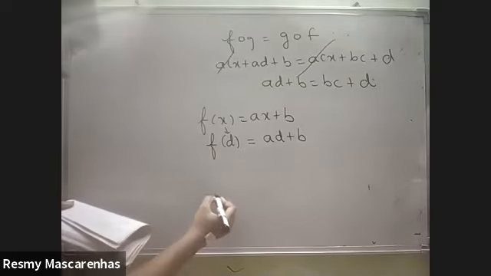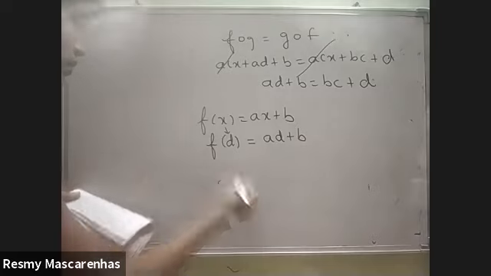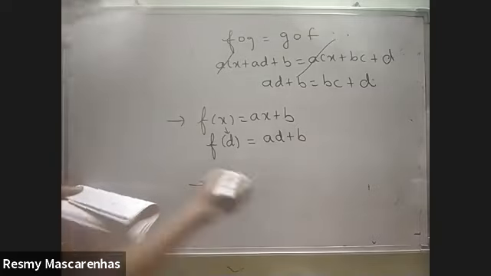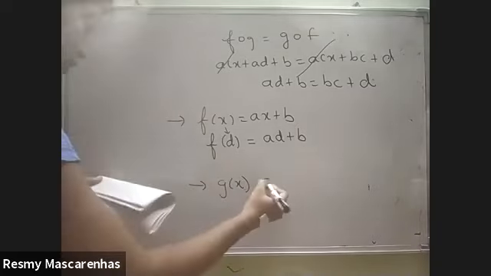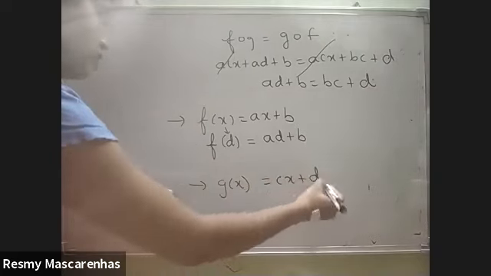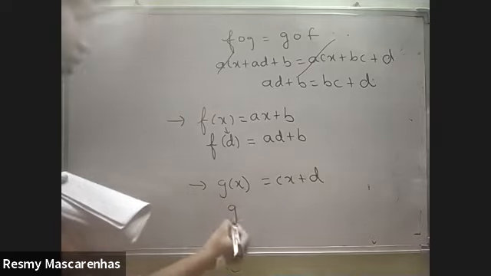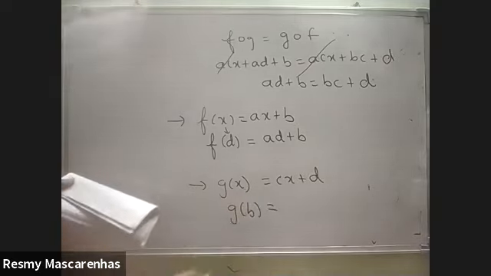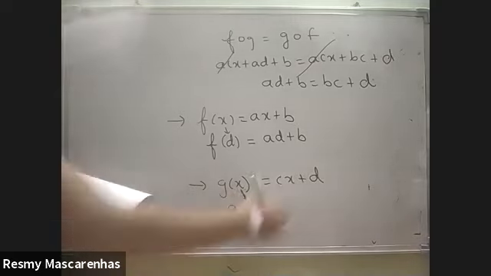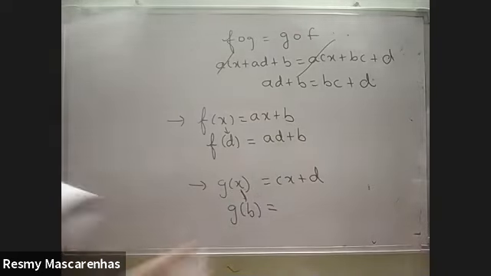Same way, what is g of x given to you? G of x is cx plus d. What they have asked to find? G of b. So instead of x, you have to replace this by b.